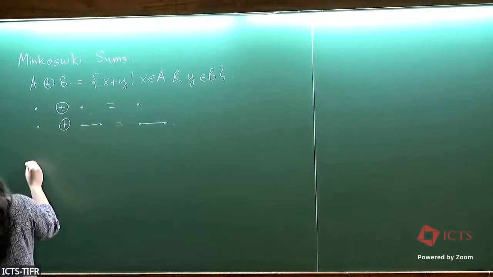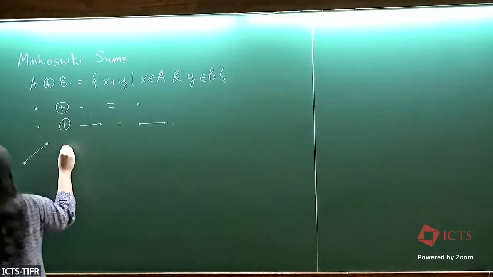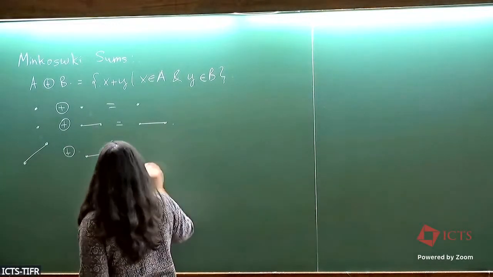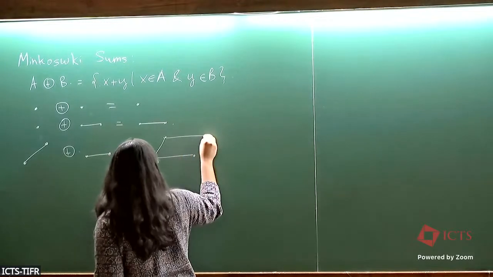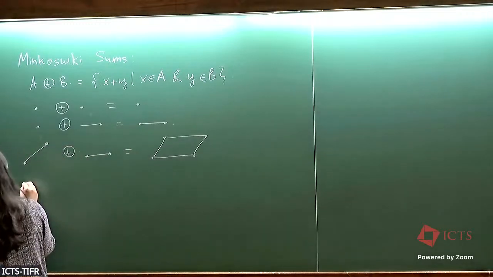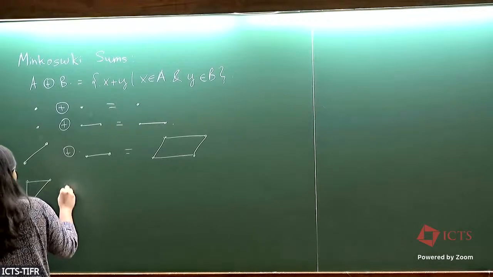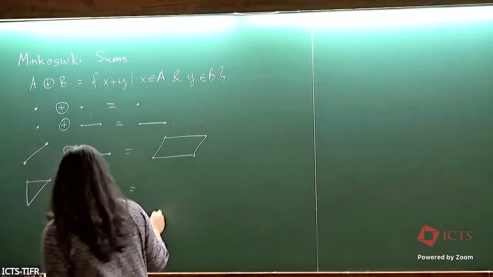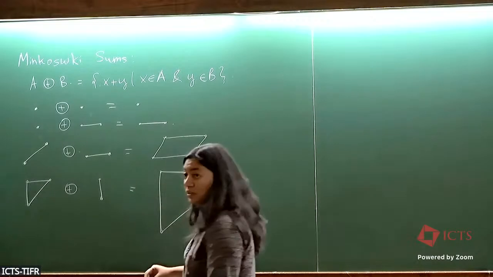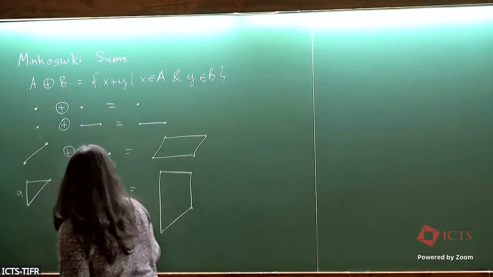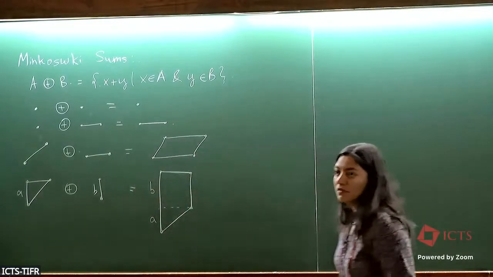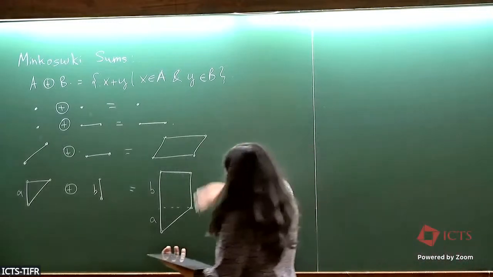A point Minkowski summed with a line is another line, again translated by a point. Now let's do something more interesting. So a line like this with a line like this gives you the parallelogram, where this length is A and B. So in this way, you can come up with figures.